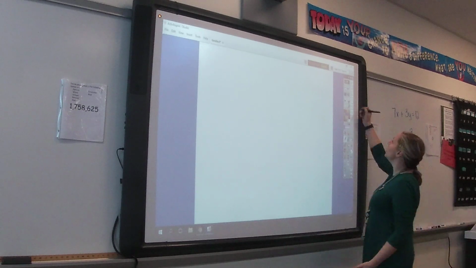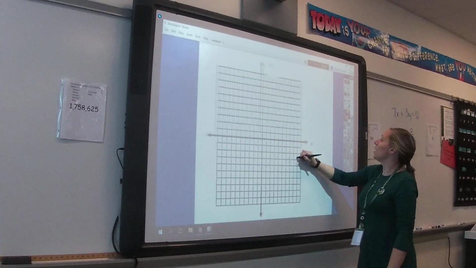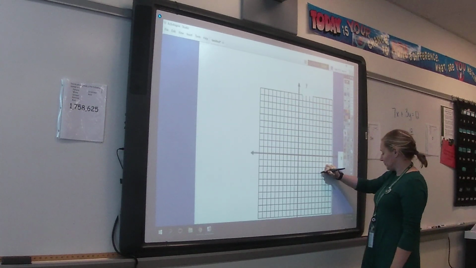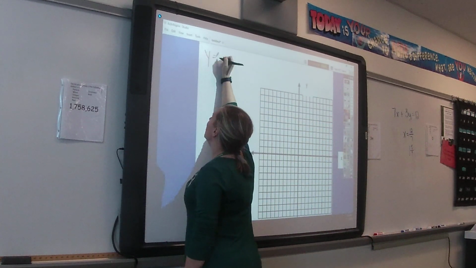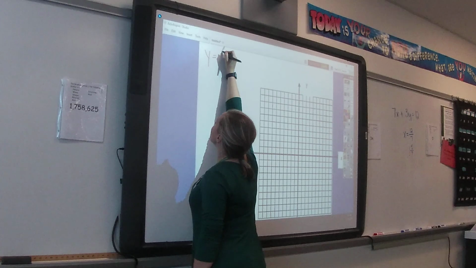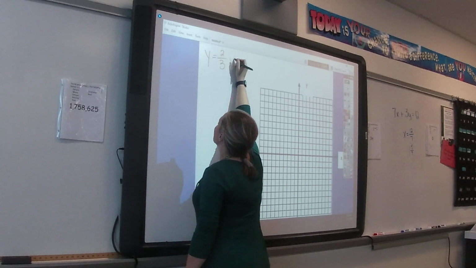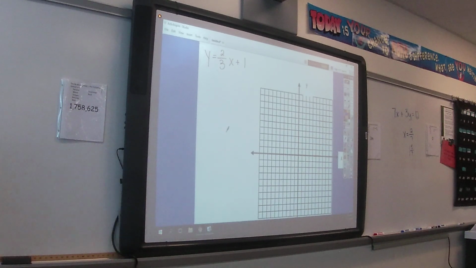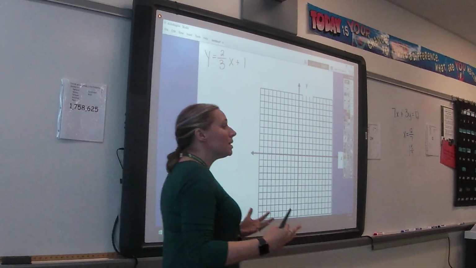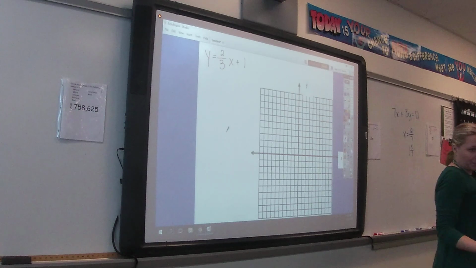Okay, so if we want to graph in slope-intercept form, let's say we want to graph y equals 2/3 x plus 1. Now, like many things we do in this class, I'm going to give you some steps.